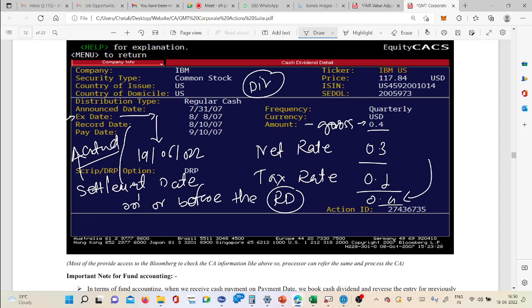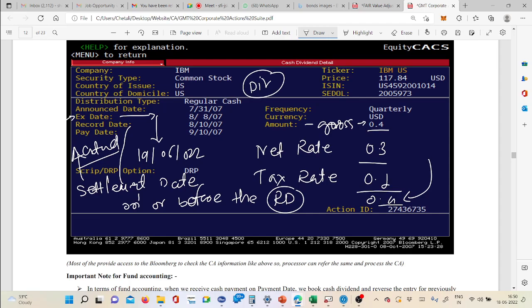If you buy the security tomorrow, and tomorrow is the ex date, the security will not be captured. So if you want the security in the books of the fund by the ex date, it should be traded today itself, by hook or by crook. Simple.